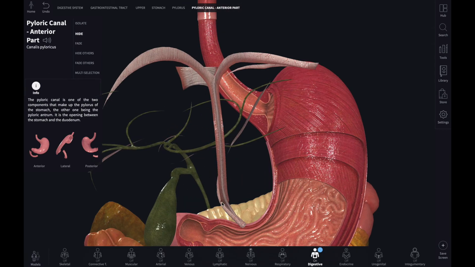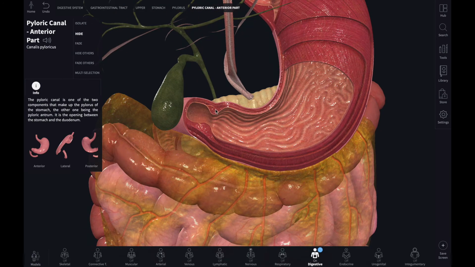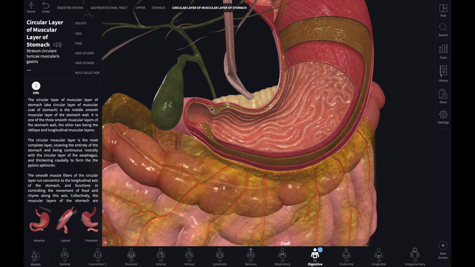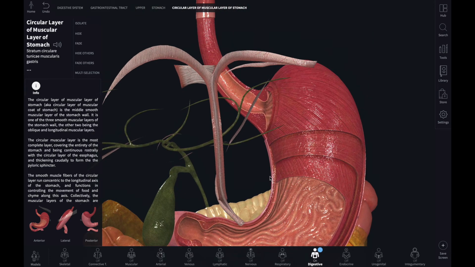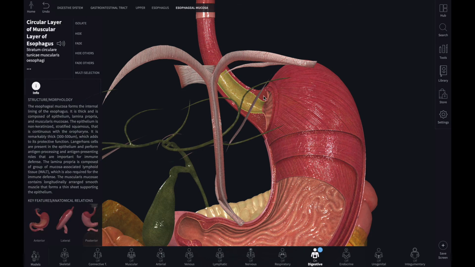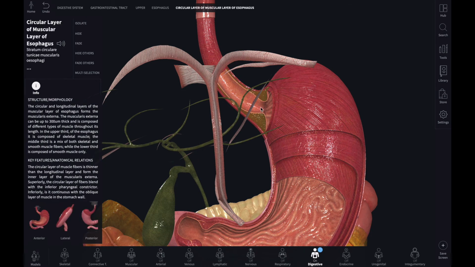If you look here carefully, you can see the circular muscle here. This is called a sphincter. This sphincter remains closed until the food gets ready. Likewise, this circular muscle is called the cardiac sphincter.